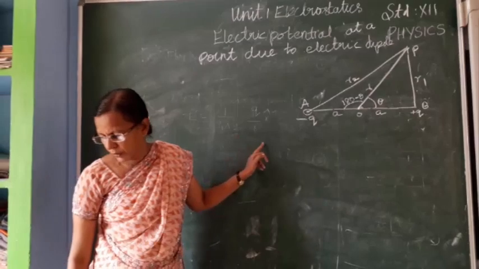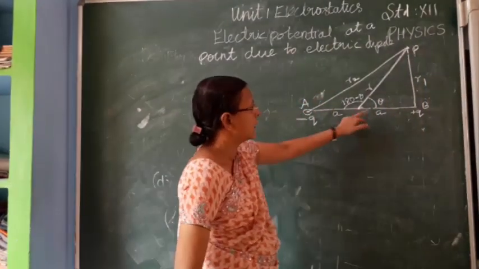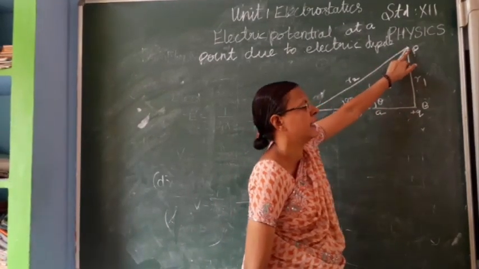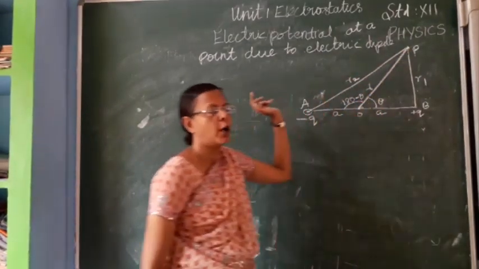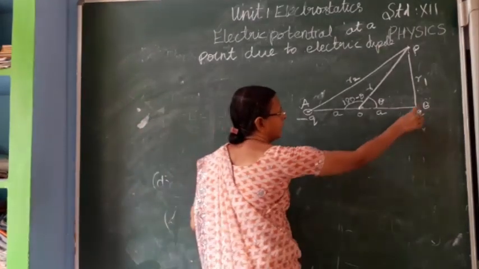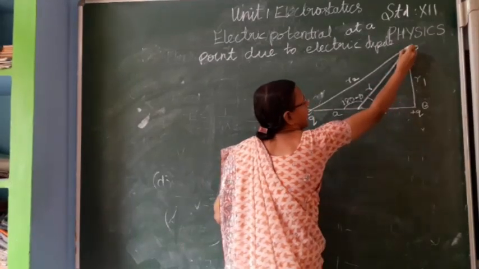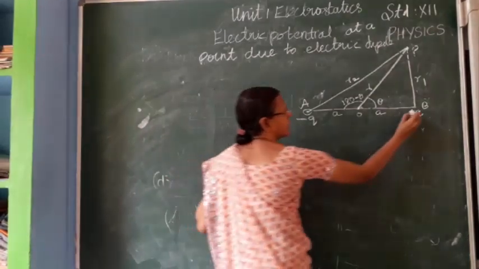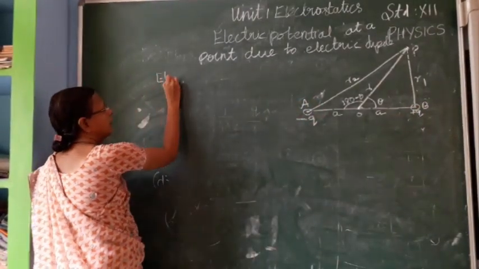Now, what is the potential? Because of this plus Q charge, this P is experiencing some potential, and because of this minus Q, how much potential is this point P experiencing? First, we can calculate for the charge plus Q. The electric potential experienced by this point P due to plus Q charge.